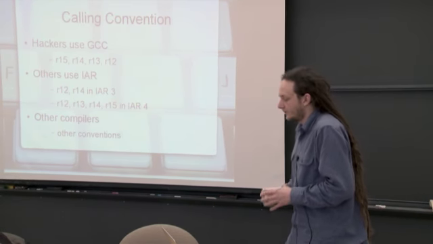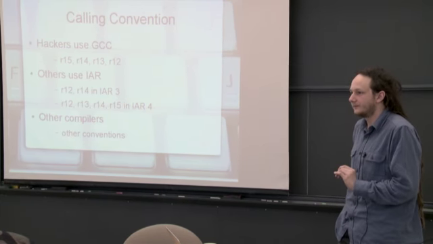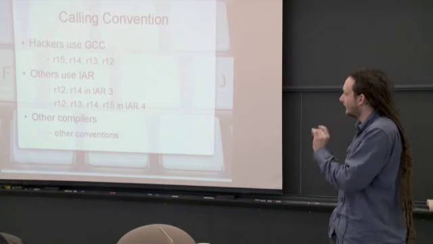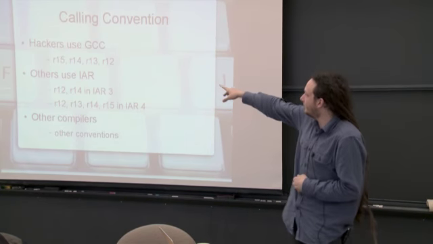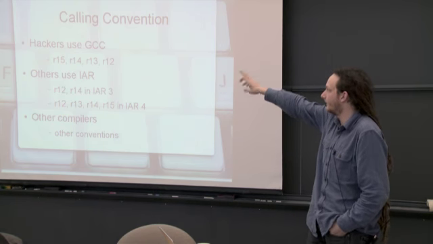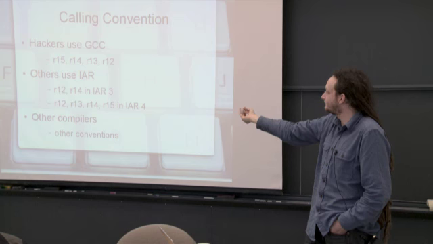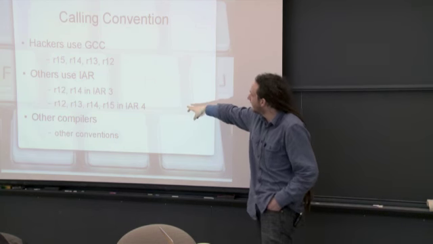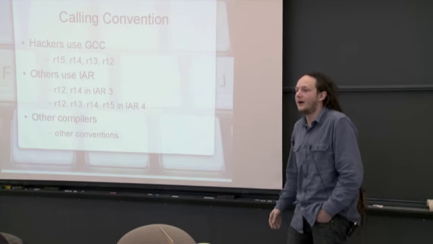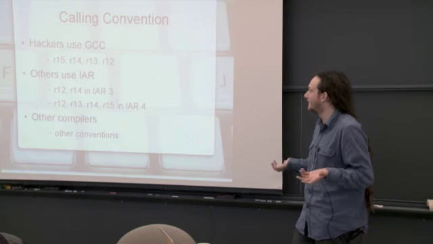The other thing you can notice is that the calling conventions are compiler specific and unique to revisions of the compiler. So GCC uses register 15 for the first parameter, register 14 for the second, then 13, then 12. IAR uses the exact opposite order in its fourth revision. In its third revision, it was a 32-bit compiler grafted onto a 16-bit system.